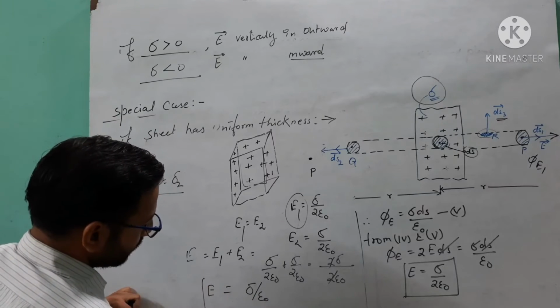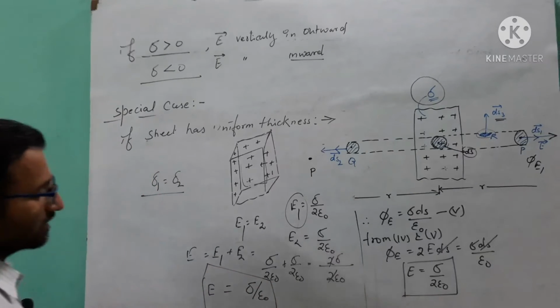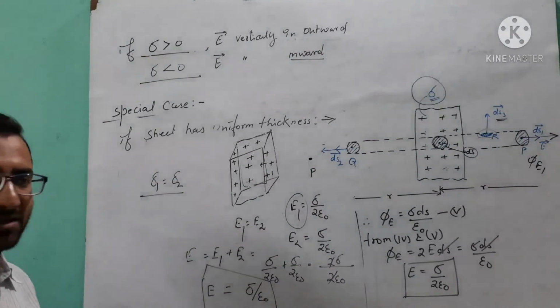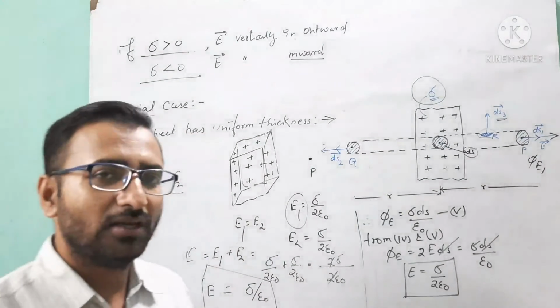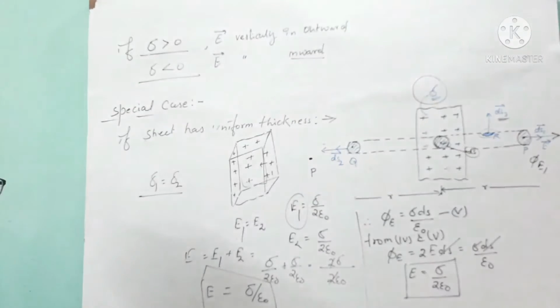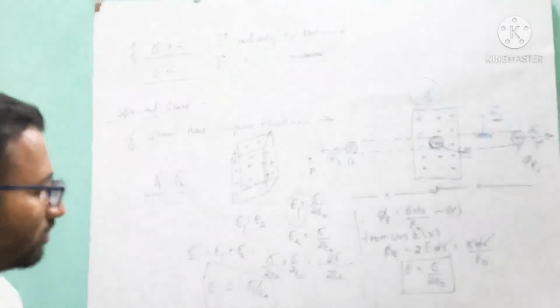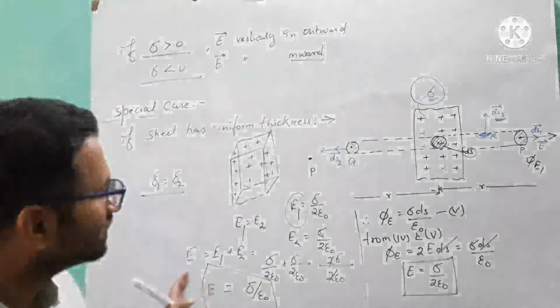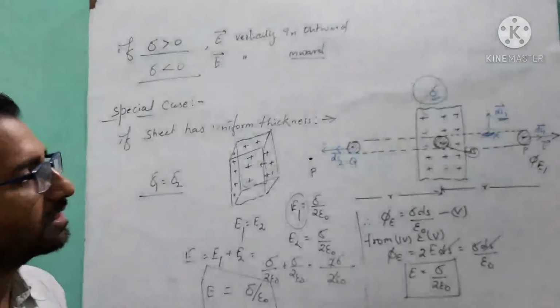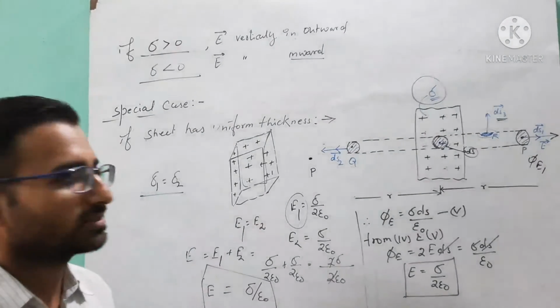This is the formula for electric field intensity due to a sheet having uniform thickness. Got it? So this is the special condition with respect to the initial condition of a thin sheet.